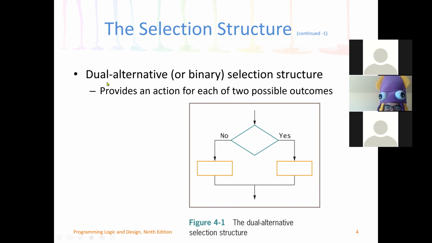Here we use the term dual alternative or binary selection structure, which means it provides actions for both when the condition is true and when it is false. So if the condition is true, which is yes, we execute the right side task. If it's false, we execute the left side task.